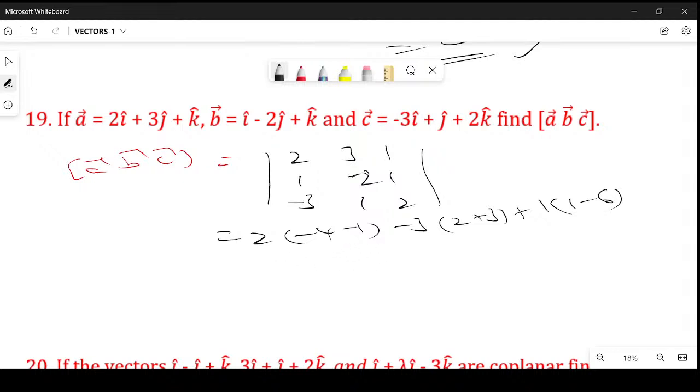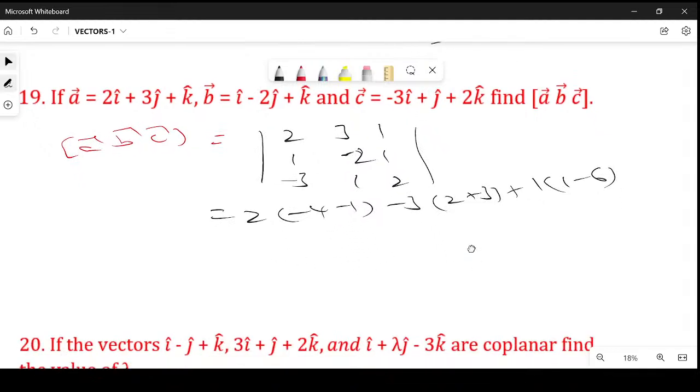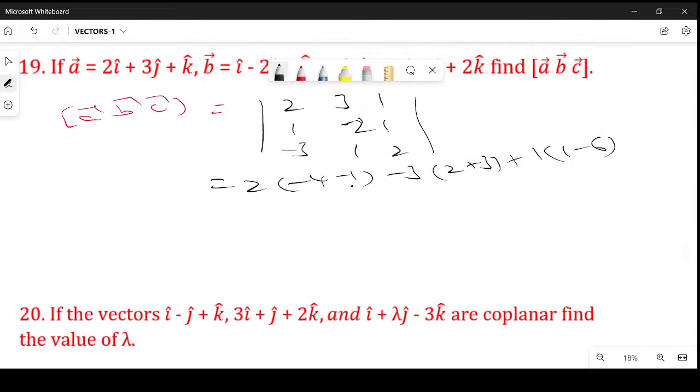So if I simplify this one, minus 5 into 2 it will be minus 10, and this will be 5, 15 it comes, and this one minus 5. So it will come minus 30. Well, the value will be minus 30. We got minus 30, right? That is box a bar b bar c bar, minus 30, that's all.